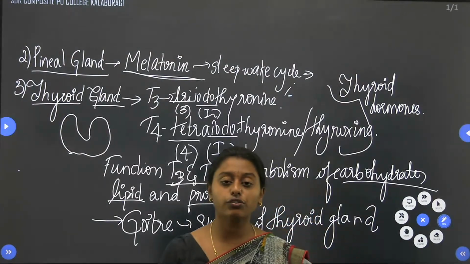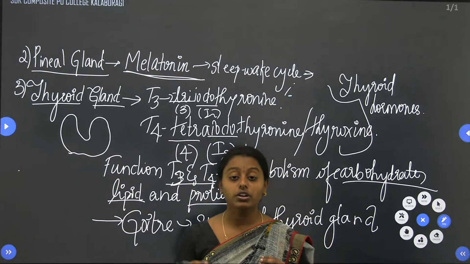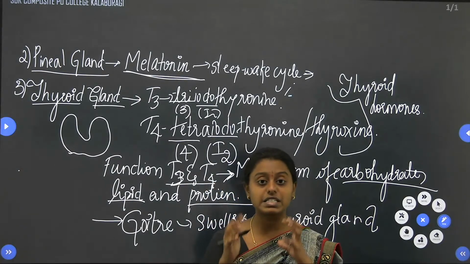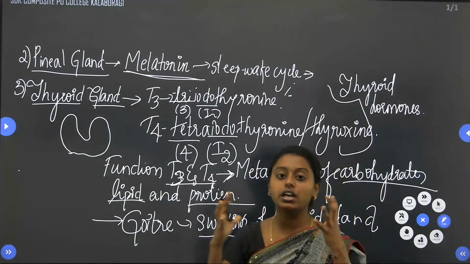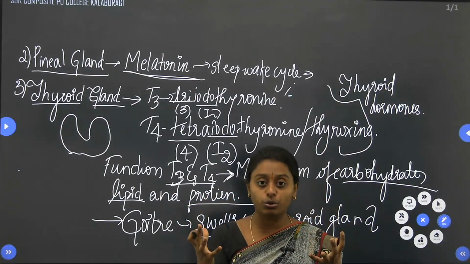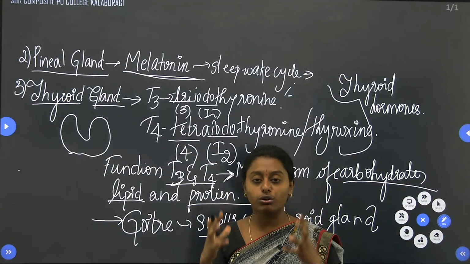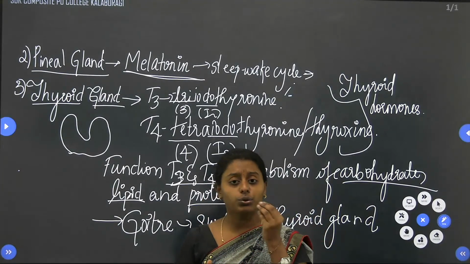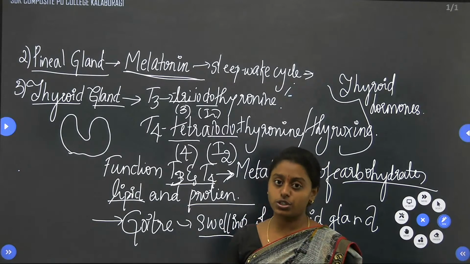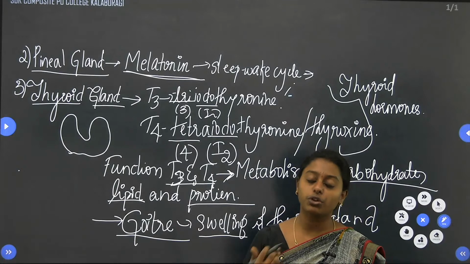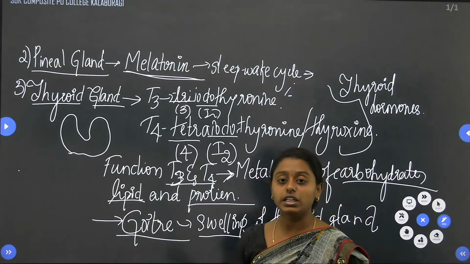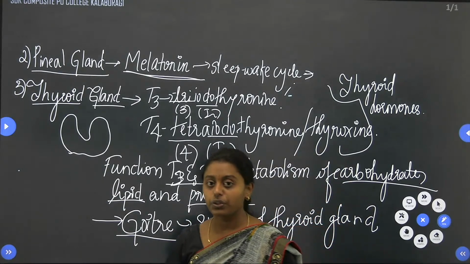The very less secretion of T3 and T4 hormone within the thyroid gland results in enlargement. Here the word swelling refers to enlargement or the abnormal growth. The abnormal growth of the thyroid gland due to less secretion of the T3 T4 hormones is called goiter. So goiter is one of the disorder conditions related to the thyroid gland.